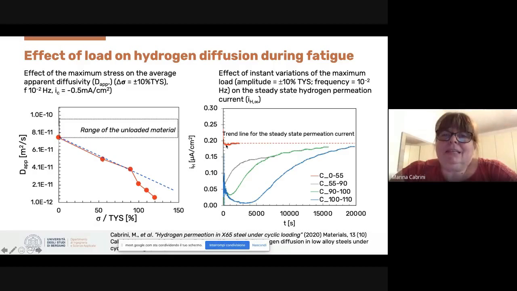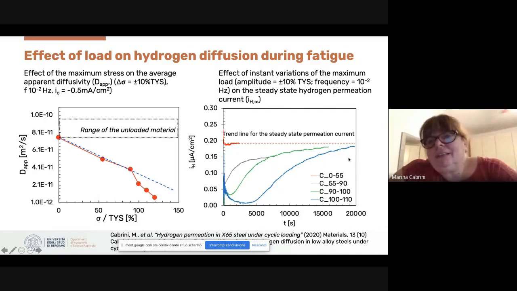And we can see that by increasing the maximum load of the fatigue cycle, there is a trapping effect, so that the depth and the time to reach the steady state values again increased as the applied maximum load increased.